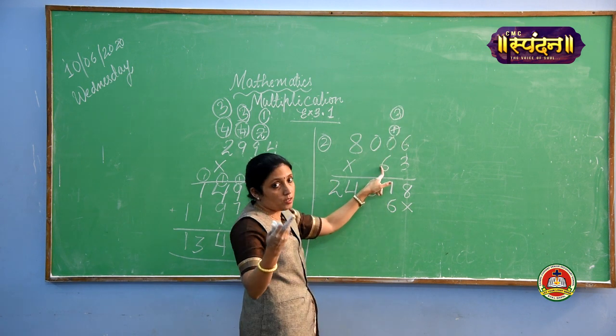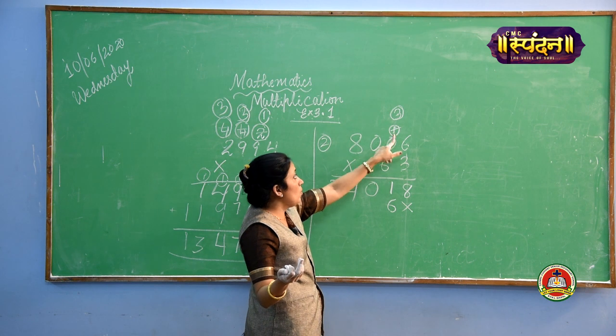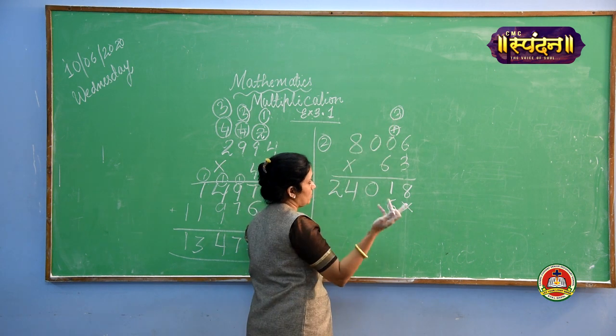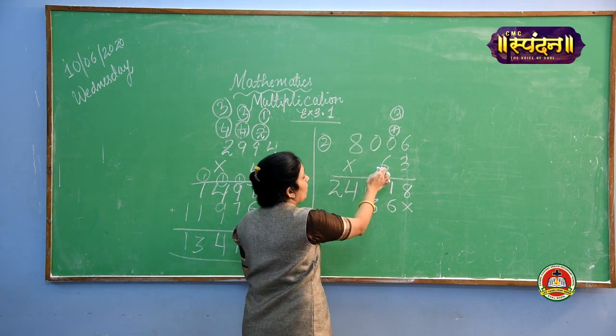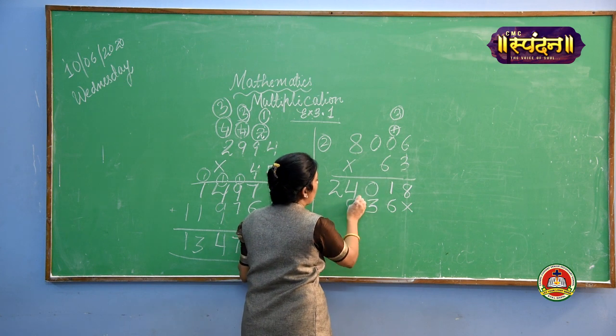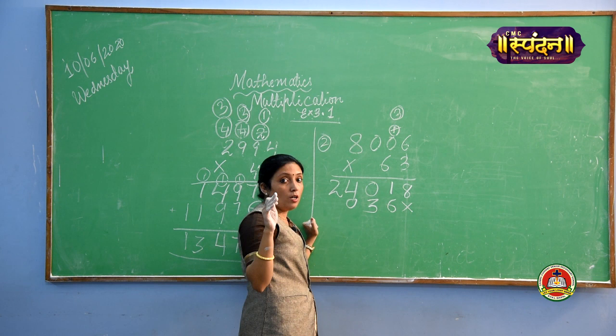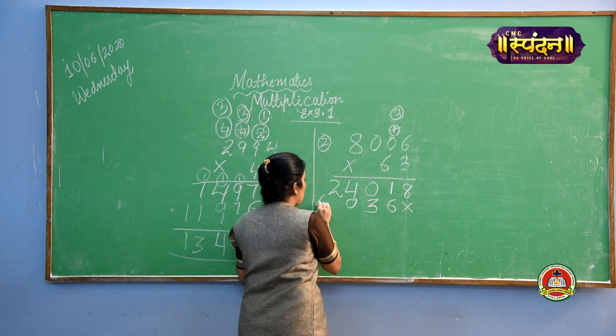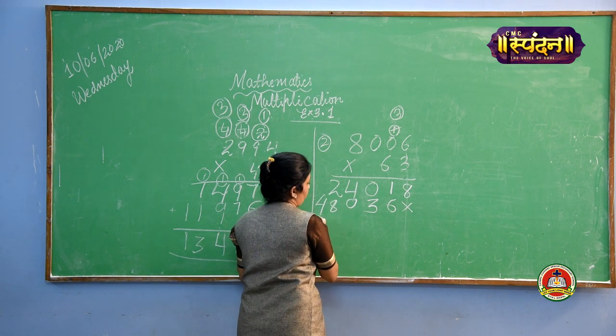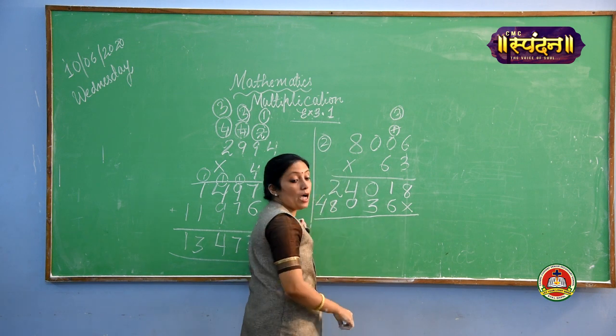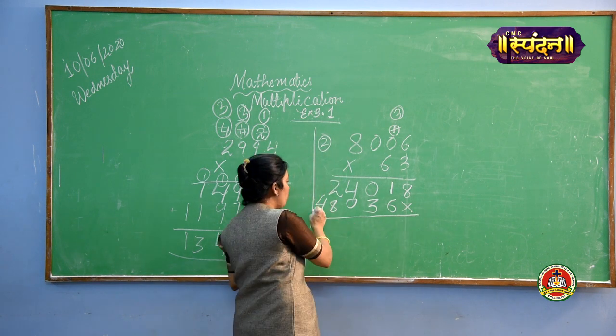Again 6 zeros are 0. What is my 3? It means I will write only 3. Now 6 zeros are again 0. Now what is 6 eights? 48. Now what am I going to do?